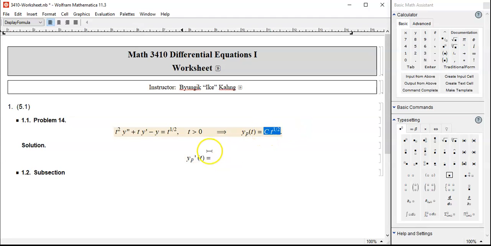Apply the derivative. So this is going to be 1/2 c times t to the negative 1/2 power, all right? The second derivative, take one more derivative, is going to be negative 1/4 c times t to the, let's see, subtracting one more, negative 3/2 power.